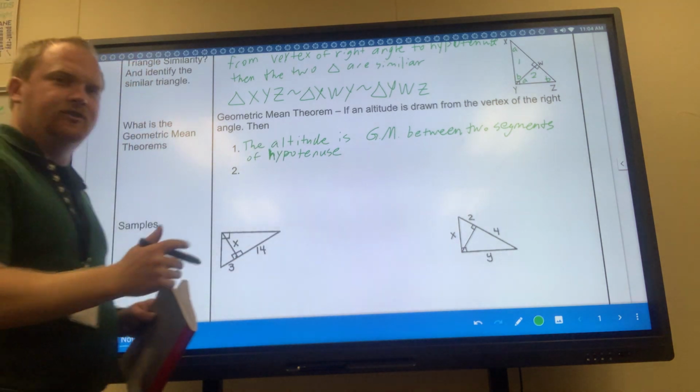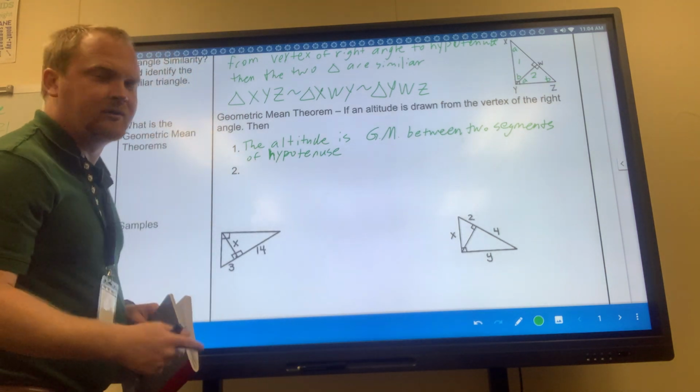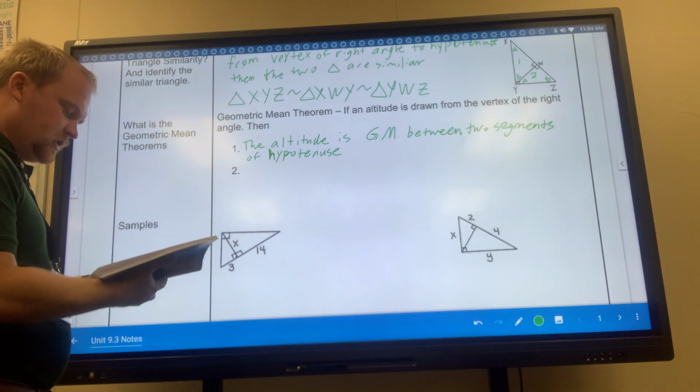I want to find the altitude between the two segments of the hypotenuse, if that's the case given.